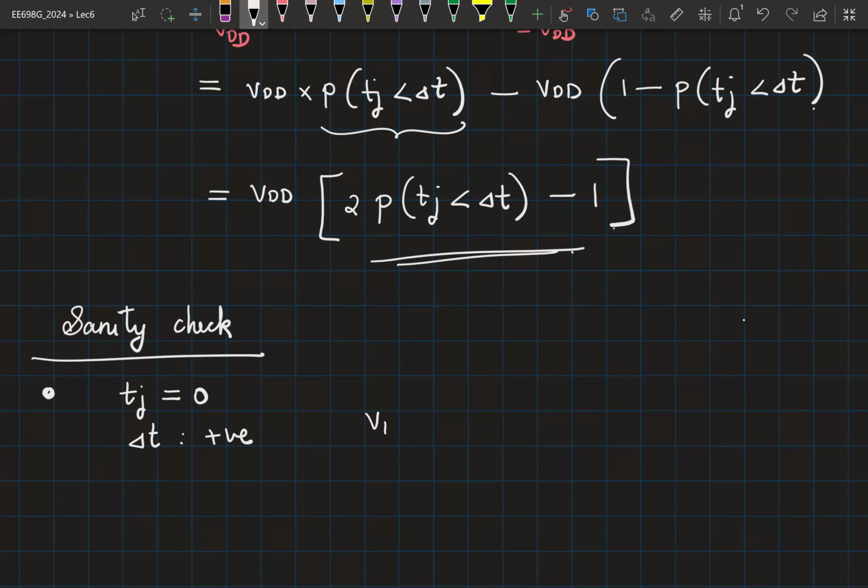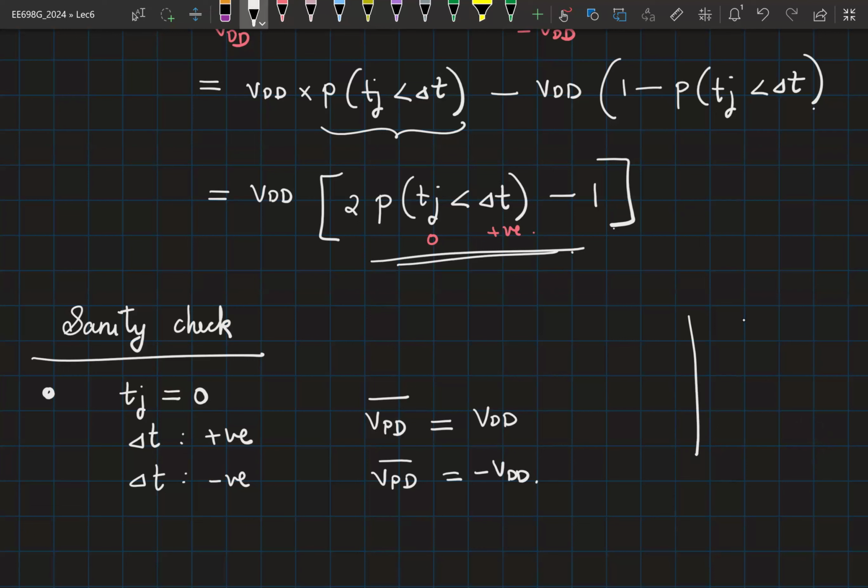From the equation, what is the average value of VPD you get? So Tj is 0, delta T is positive, which means that this probability is always 1, so this will be equal to VDD. Now, if I assume delta T is negative, what do you get? You'll get minus VDD, right?